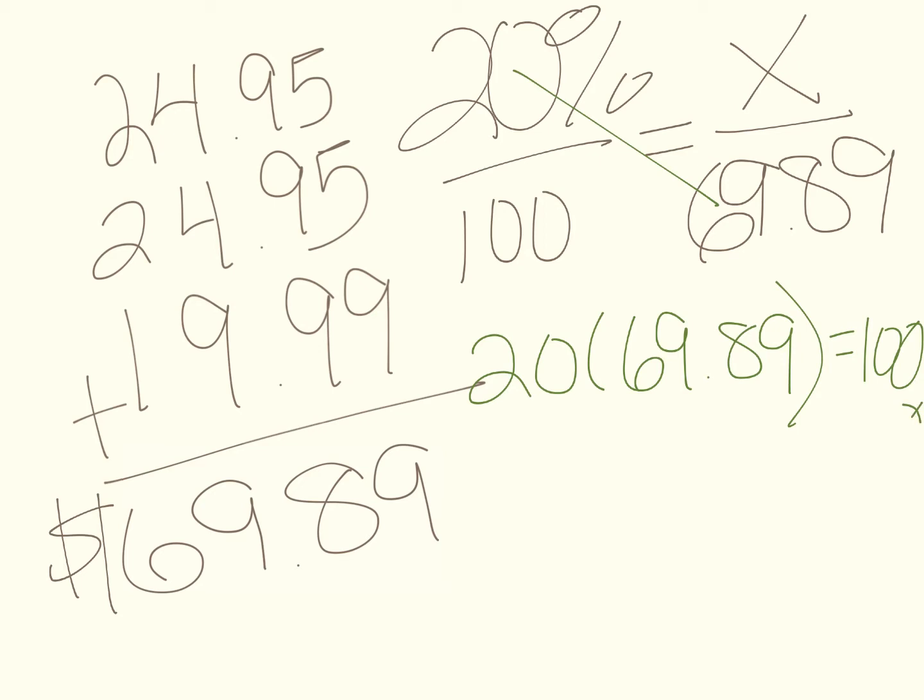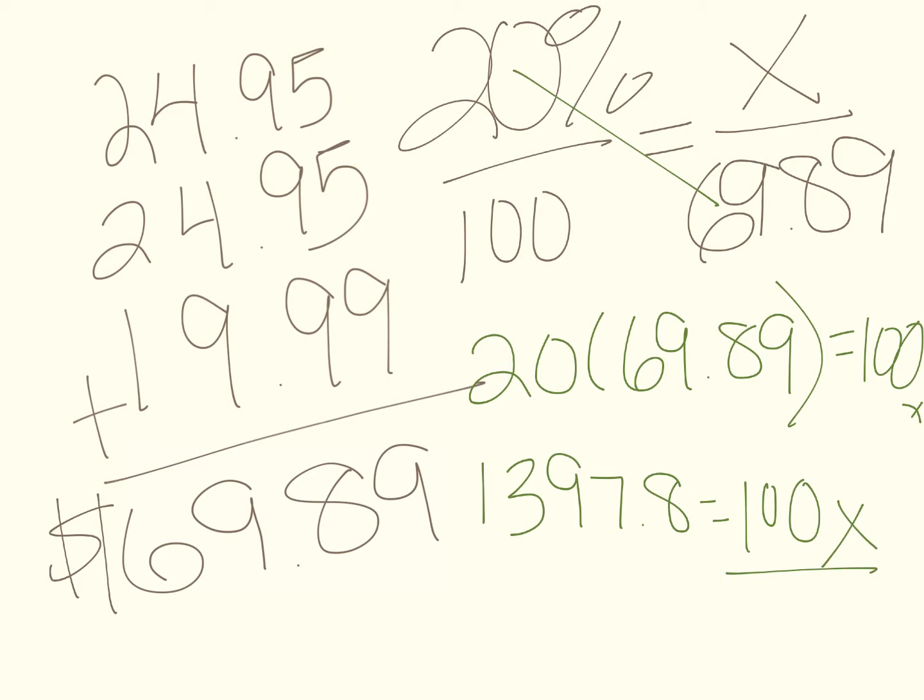I ran out of room. So let's see what we get. 20 times $69.89 gives me 1397.8. That equals 100 times X. And then we know to solve for X, because that's multiplication, we're going to divide.